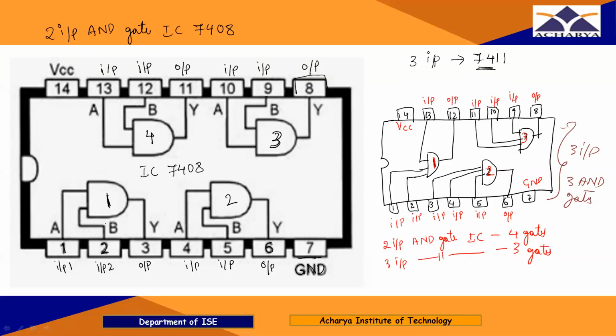So in this IC, you can observe there are 4 AND gates in one IC, right? Now this is a 2 input. This is a 2 input, right? So for AND gate and OR gate, we have 4 gates in one IC.